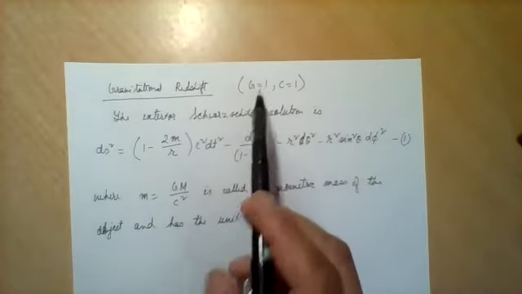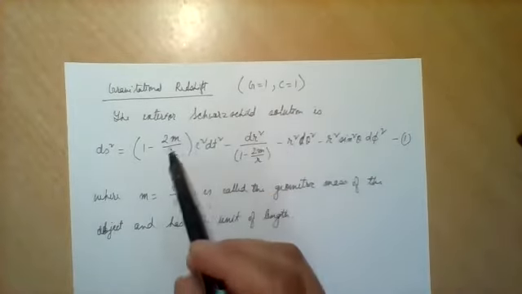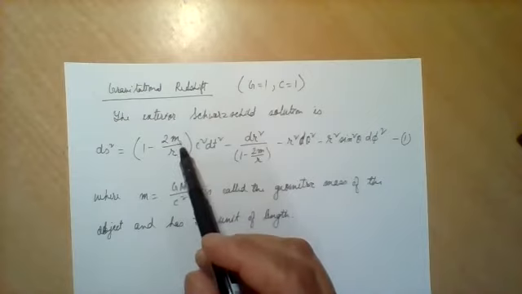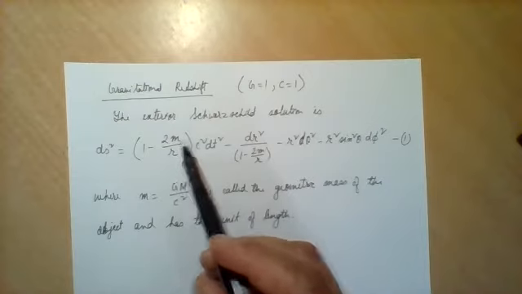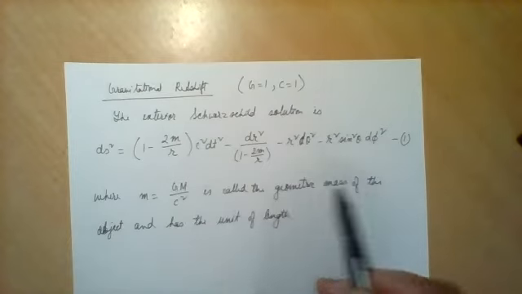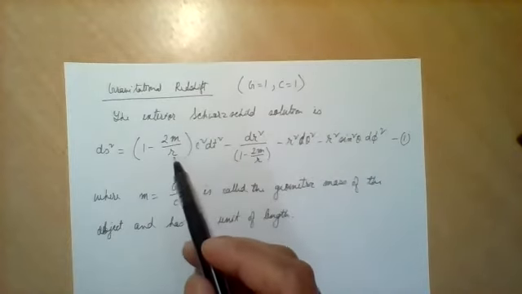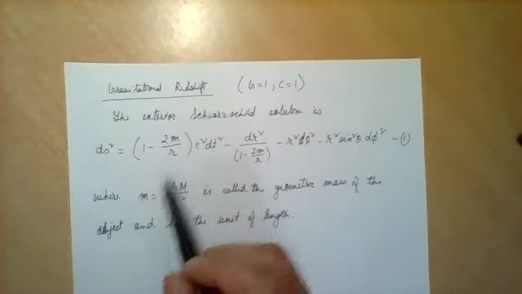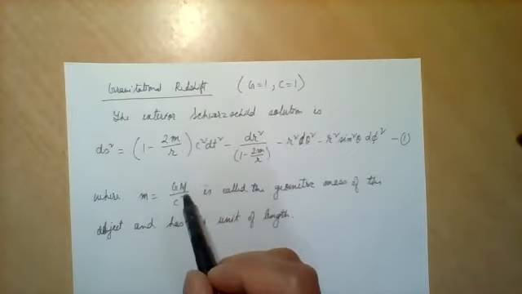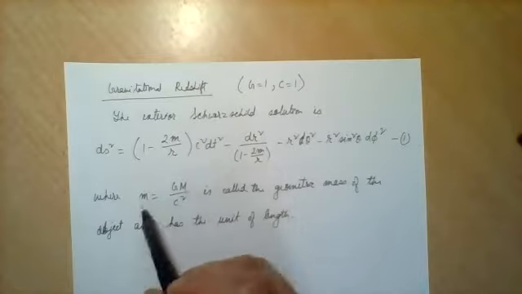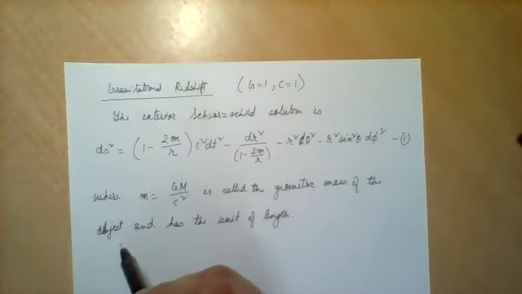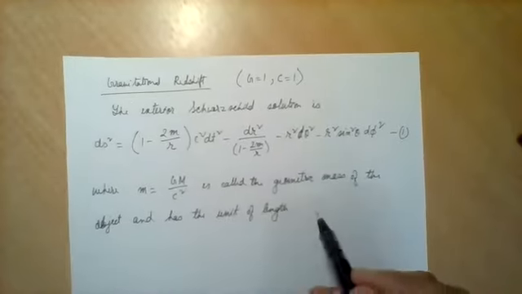So if you take G equal to 1, c equal to 1, then m represents the mass of the object measured in geometric units. You can also define m as G capital M by c square, where M is the mass of the star.